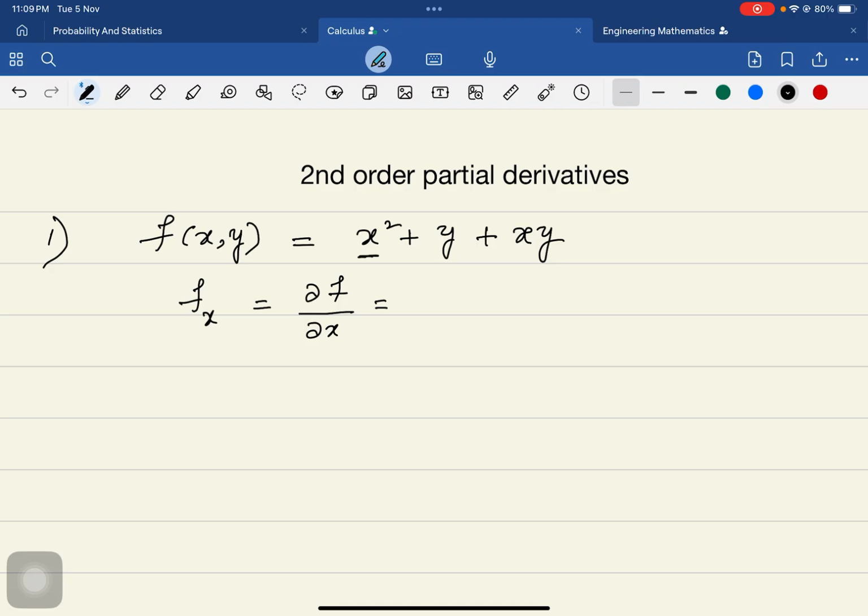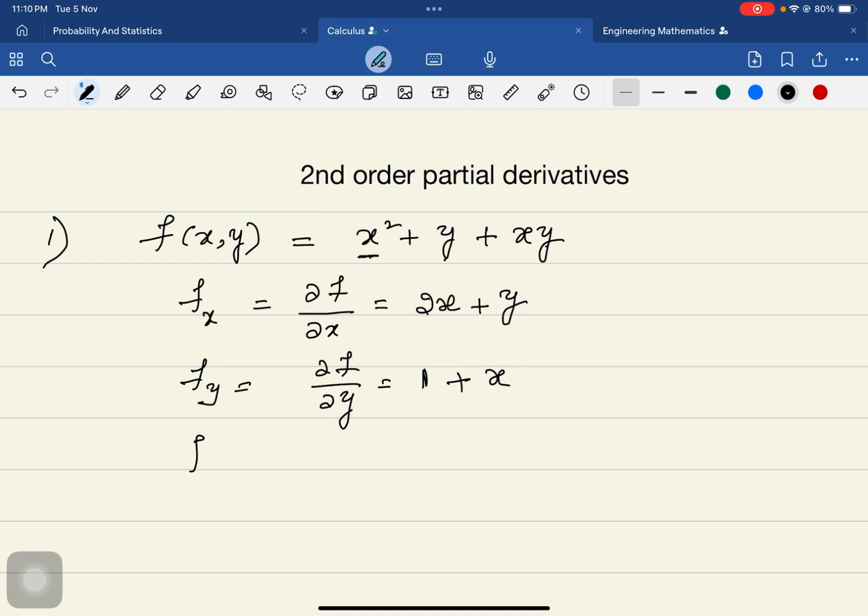X square derivative is 2x and y derivative is 0, and now the constant in xy is y, so it is 2x plus y. And now fy is dou f by dou y, the first order partial derivative with respect to y. Now x square derivative becomes 0, y derivative becomes 1, and in xy, x is a constant, so drop down x and derivative of y is 1.